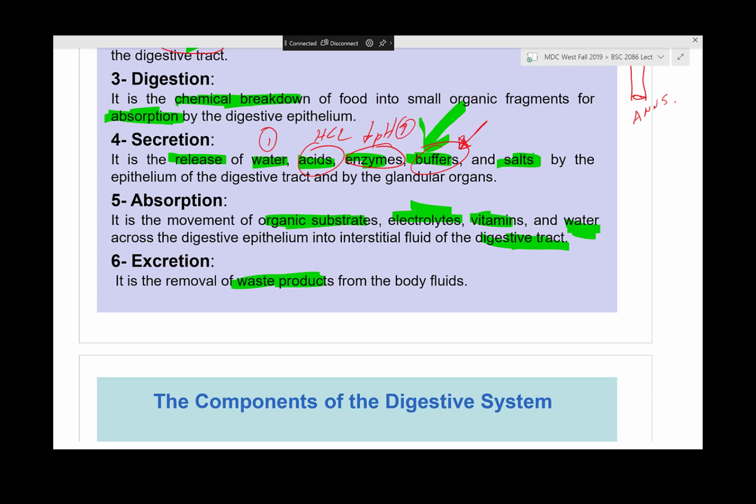That erosion, where the wall breaks through, is known as a perforated ulcer. Imagine having a perforated ulcer in your stomach. That means the stomach acid and stomach enzymes are now dumping their content into your abdominal cavity.